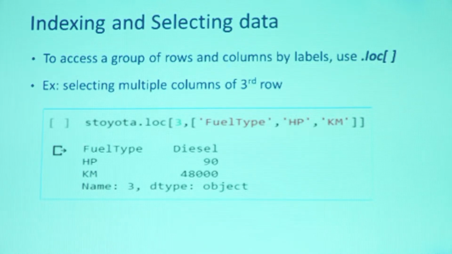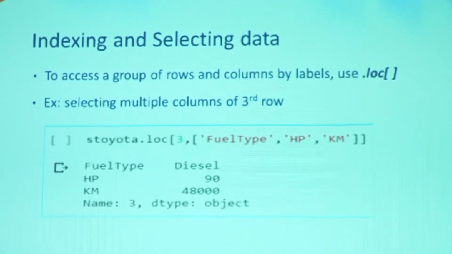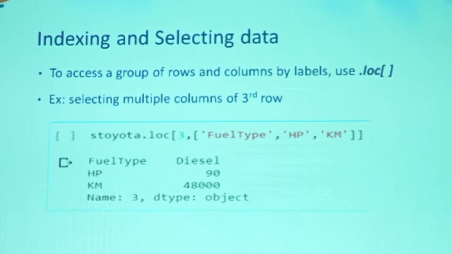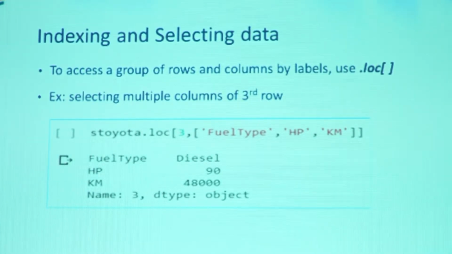Now here I can use the same loc and iloc function to view the values of multiple columns as well, multiple labels. So this is one example on your screen where I am selecting multiple columns on the third row. Same loc function, I am passing 3, comma, and inside the list I pass my label names.